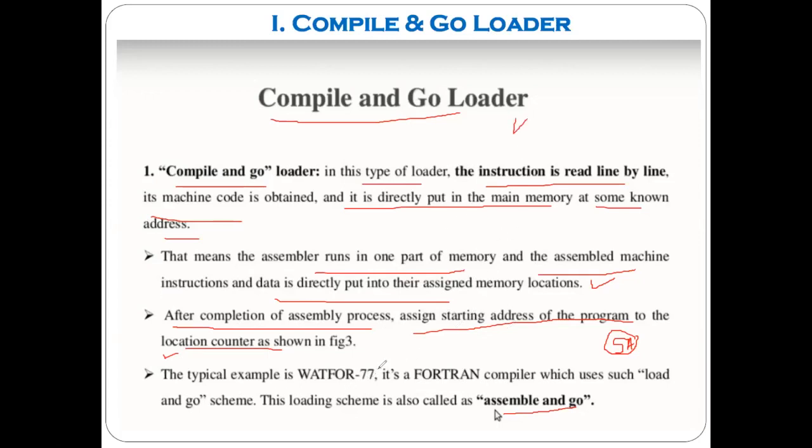So this is a very old kind of loader. Generally, it is not utilized today. What is an example of such a loader? WATFOR-77 is one example of this compile and go loader, or assemble and go loader. It is there in the case of the Fortran compiler, which uses the load and go scheme.